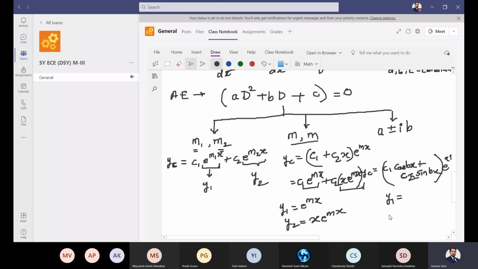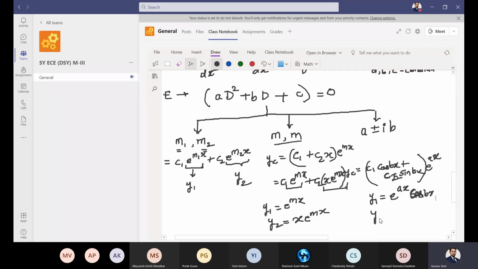With the second constant, whatever is there, that is your y2. So y1 is equal to e to the power ax cos of bx. What is y2? e to the power ax sine of bx.